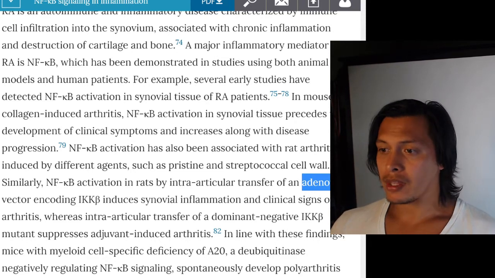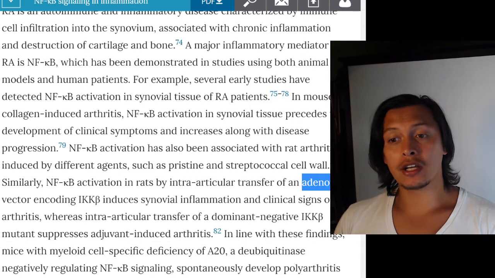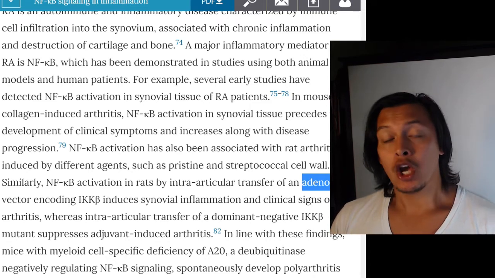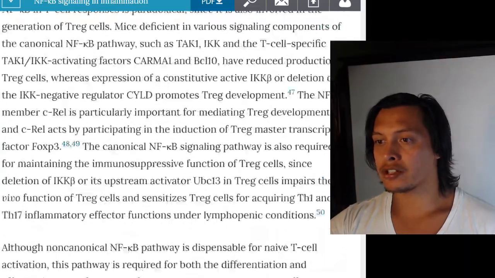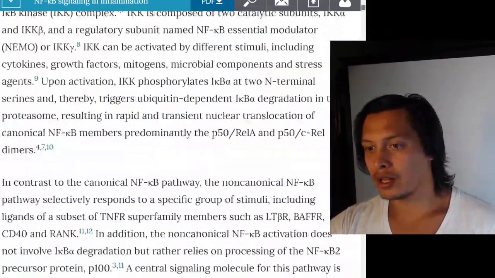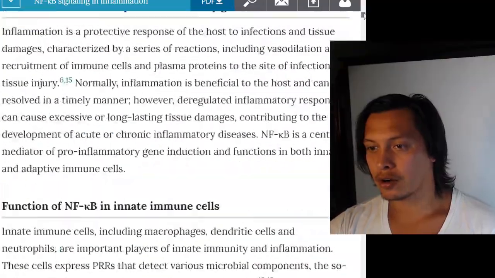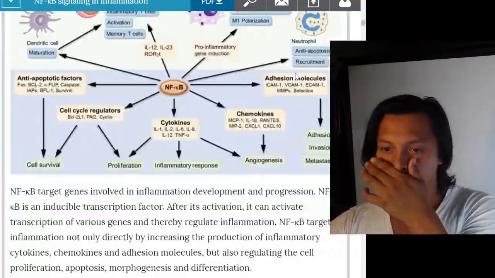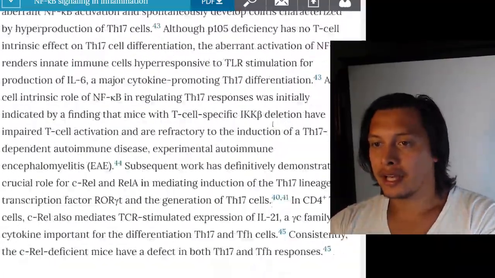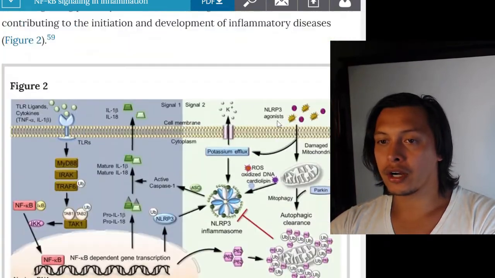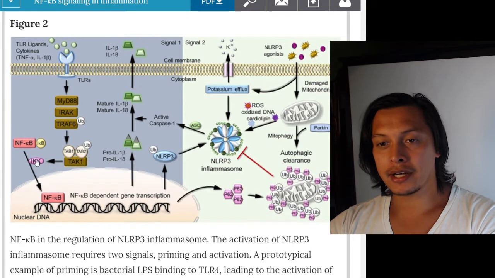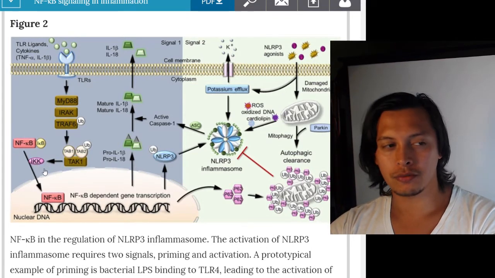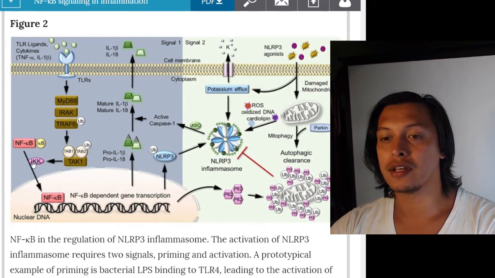So in this particular case, they are giving IKK beta, which is, let me go back to, they had a really good figure. And, oh, here, wait. Yeah, so IKK beta would be one of the subunits of this IKK.